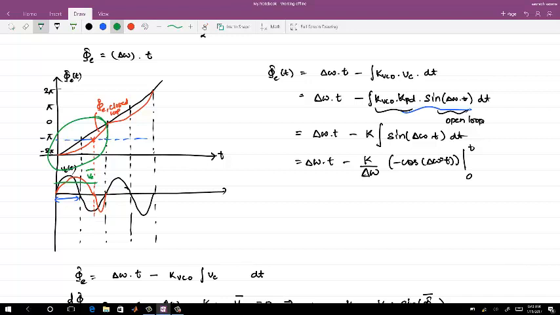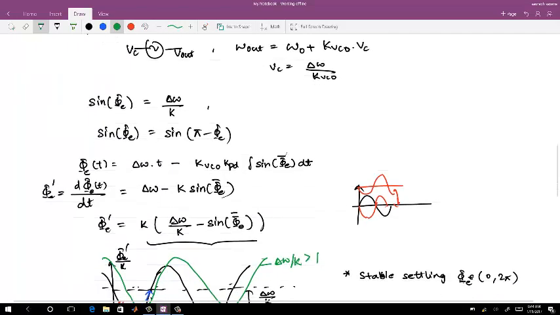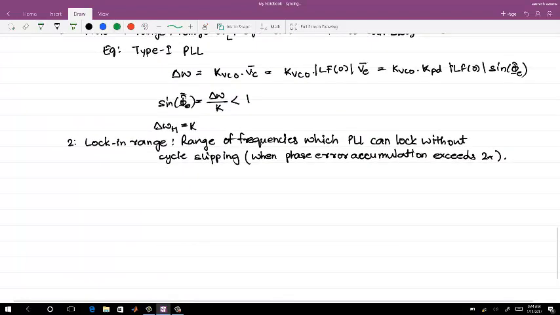So you are not yet locked in, and you are still exceeding the phase error of 2 pi. That is called cycle slipping. So for type 1 PLL, what can you say is the lock-in range?